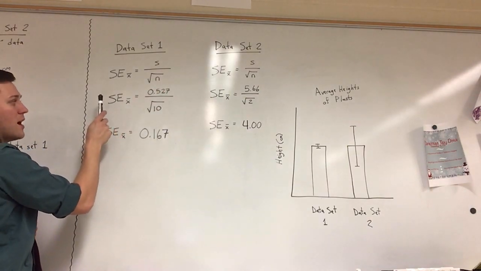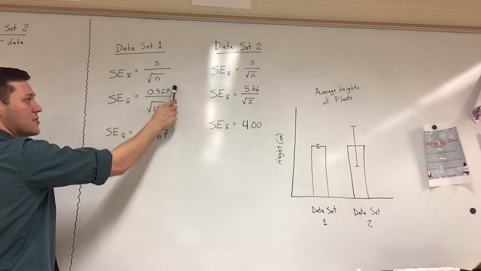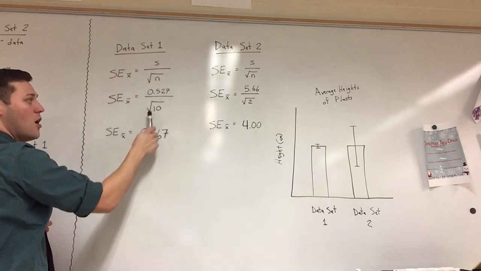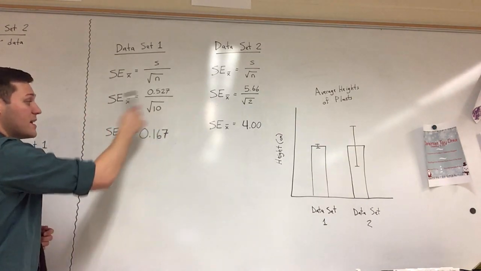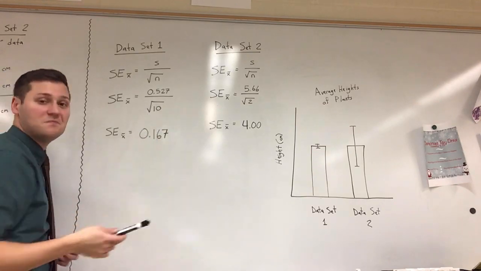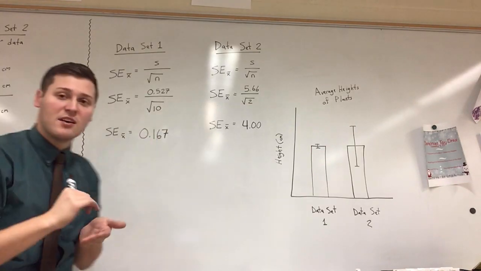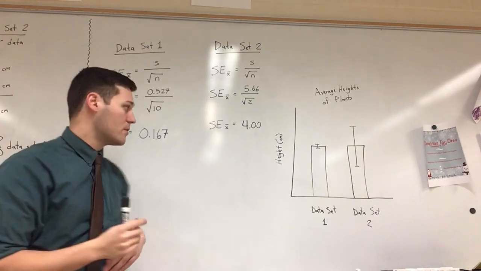So your standard error of the mean is 0.527, the standard deviation for data set 1, over the square root of the 10 data points that we got. So if we got the standard error of the mean, it's roughly 0.167. So that's not a relatively large standard error.